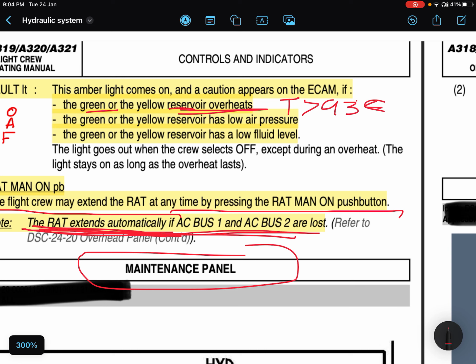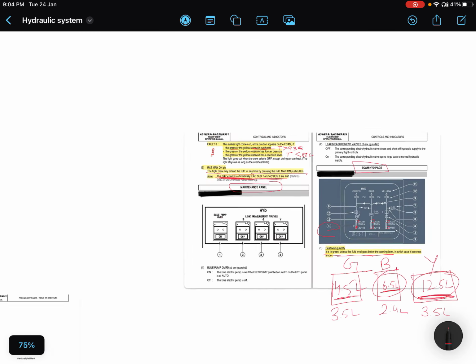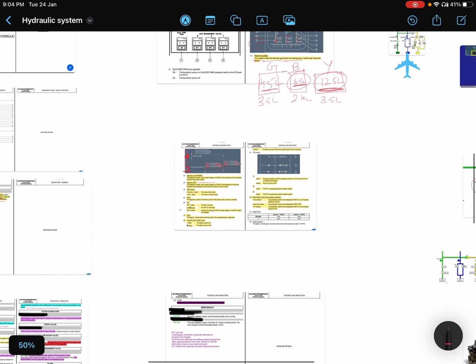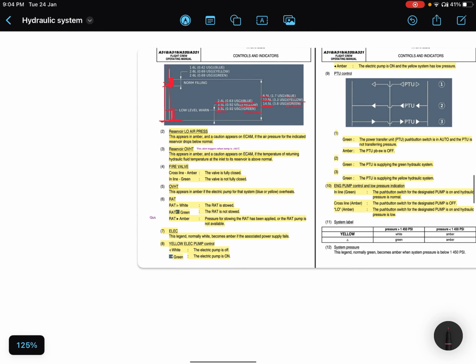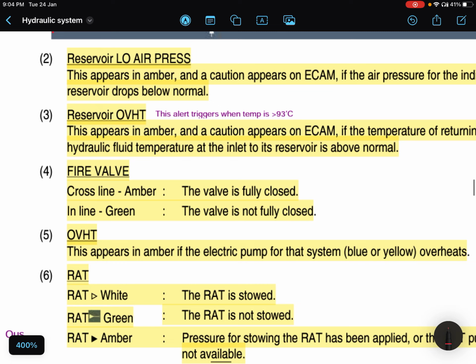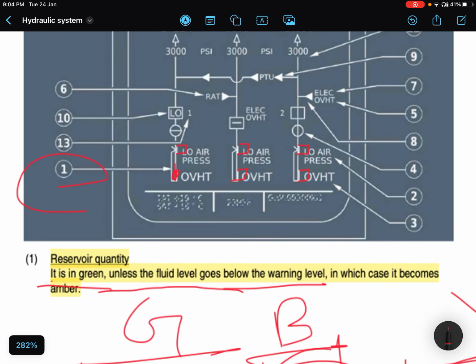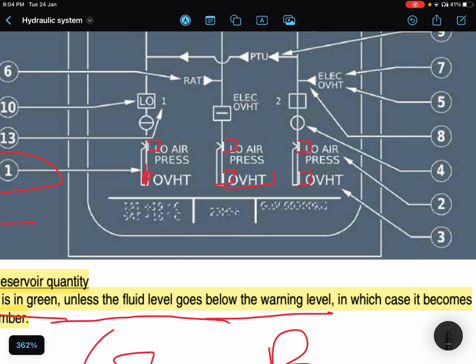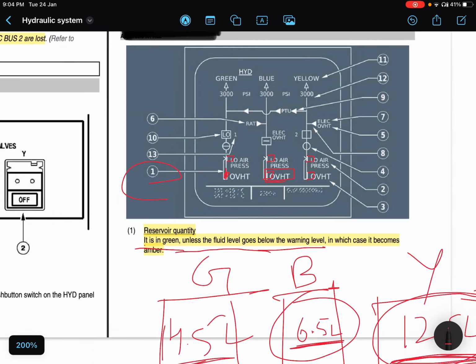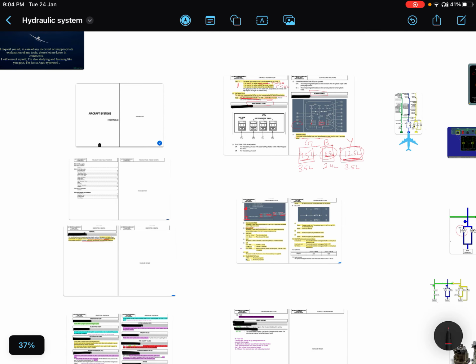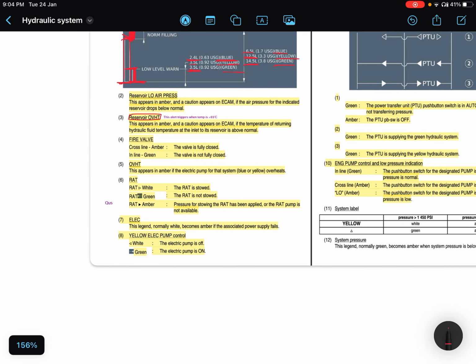And it becomes normal when the temperature becomes less than 88 degrees Celsius, if I'm not wrong, 80 or 88 degrees. And the reservoir overheat comes whenever the temperature is greater than 93 degrees Celsius, right?